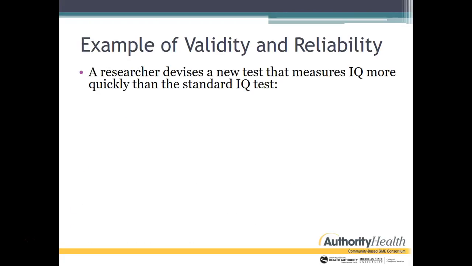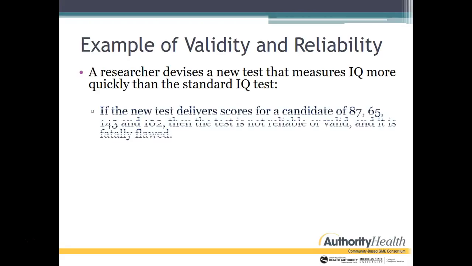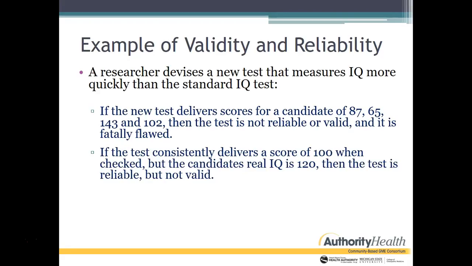So let's go through a real quick example. Let's say a researcher devises a new test that measures IQ more quickly than the standard. If the new test delivers scores for a candidate of 87, 65, 143, and 102, obviously that's not reliable or valid, and it is fatally flawed. However, if the test consistently delivers a score of 100, but the candidate's real IQ is 120, the test is reliable.